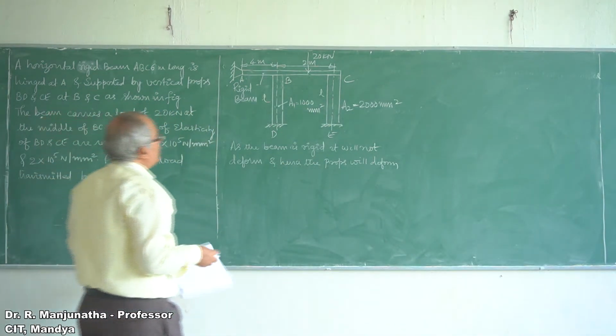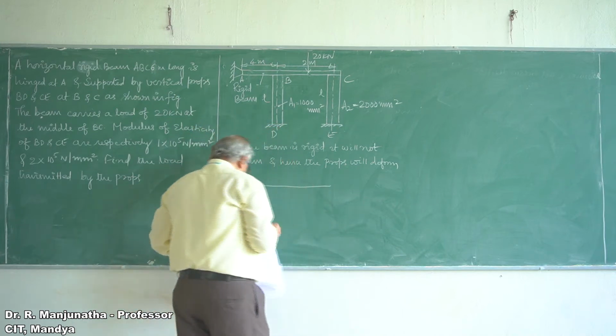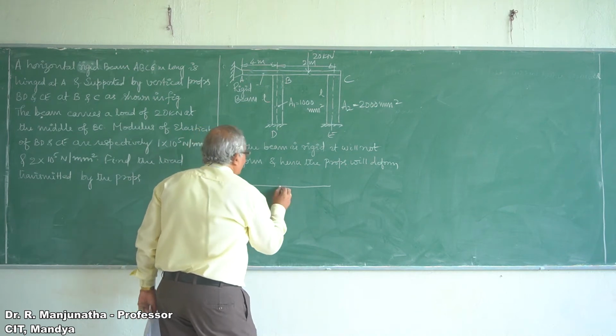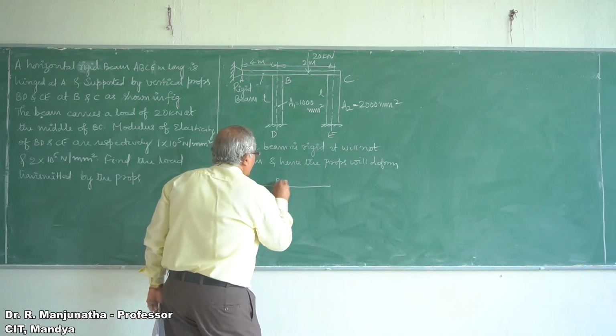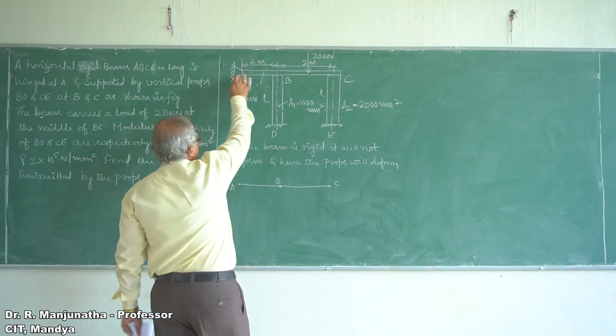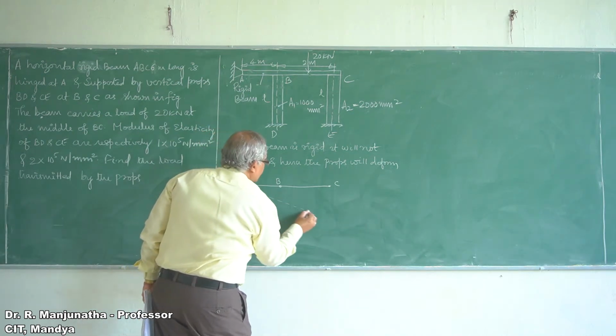Now we will write the deformed position of the body. Here we have A, this portion is B and this portion is C. As this is fixed at this point, the deformation will take place like this.